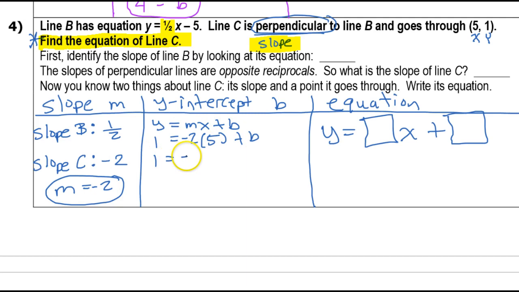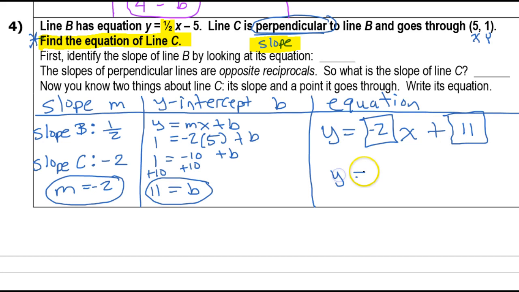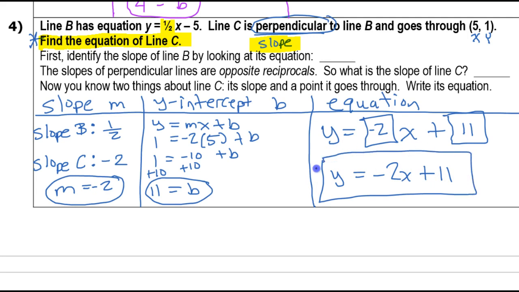So that's 1 is equal to -10 plus b, and then if we add 10 to both sides, that gives us 11. So b is equal to 11. So m is -2, and b is 11. So that means the final answer is y equals -2x plus 11. All right, that's the answer for number 4.